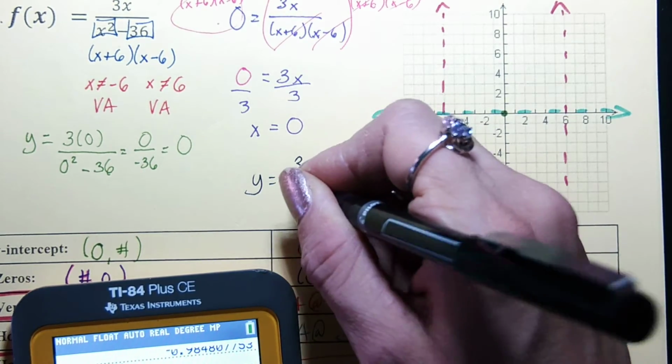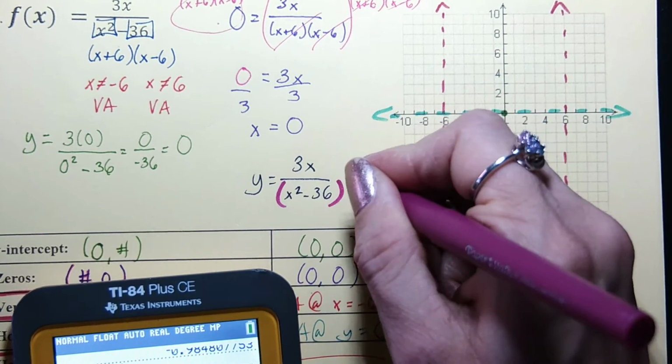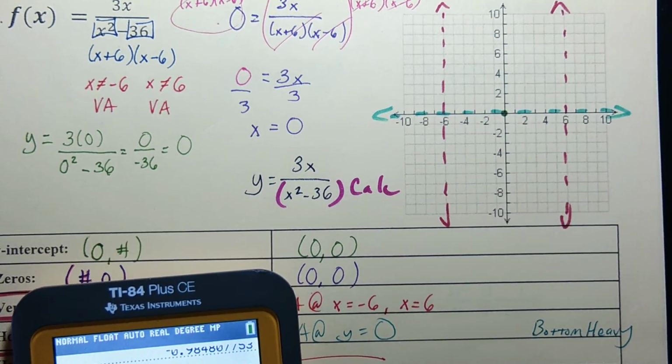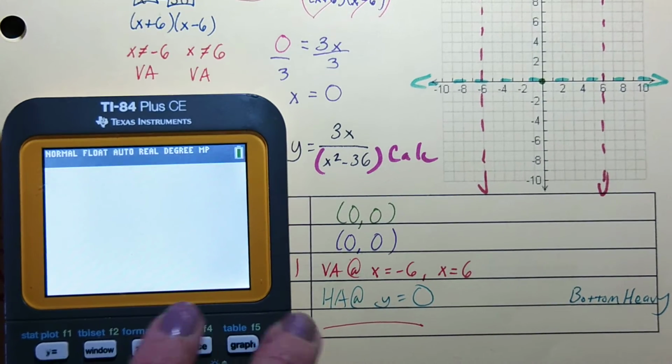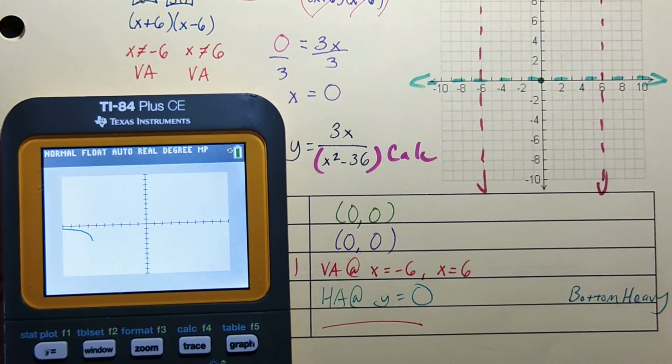I would use the original equation just in case you goof somewhere with your factoring. So type that into y equals 3x divided by parentheses x squared minus 36. This shows you what is happening through those key features that we found exactly.